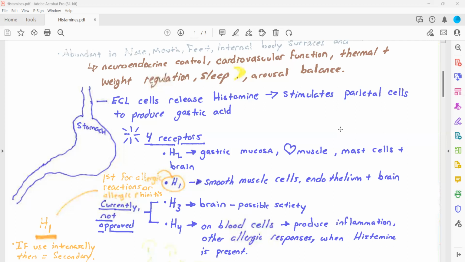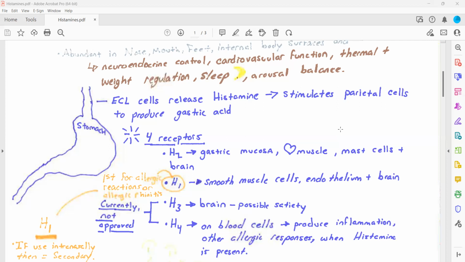When we talk about H1, antihistamines actually have four different drug classes, but I'll start with the H1. H1 works on smooth muscle and brain. It says here endothelium. Don't worry about that right now. That's the interior of the blood vessels.